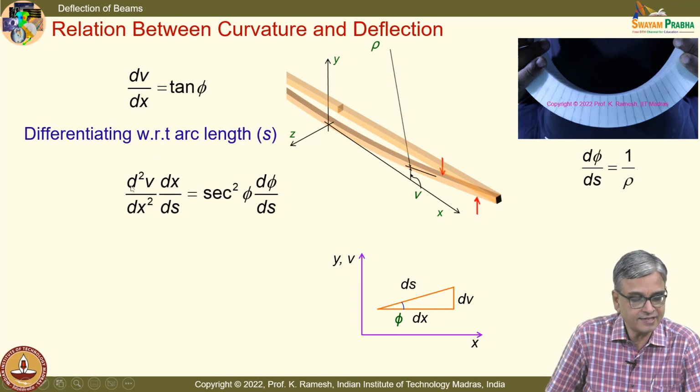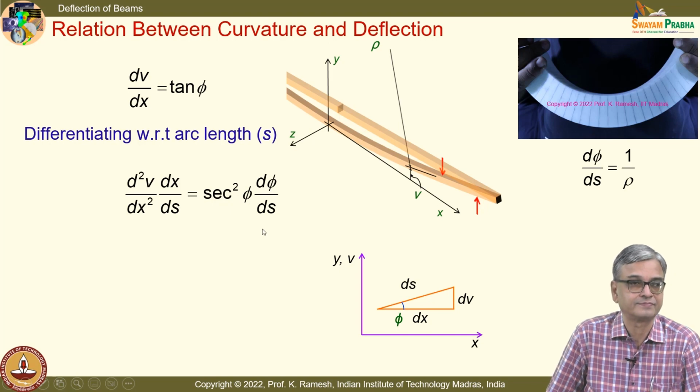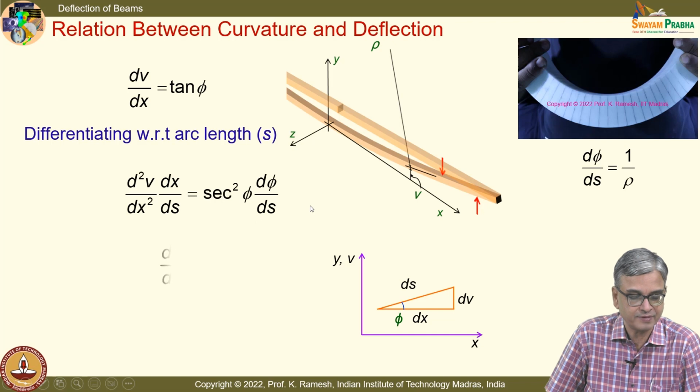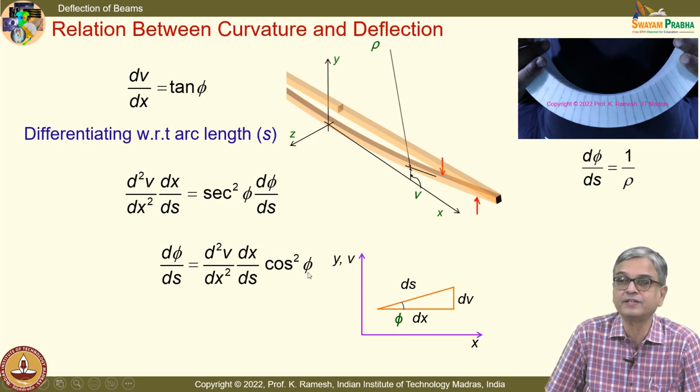So, I get d squared v by dx squared dx by ds equal to secant squared phi d phi by ds. Let me rearrange this expression. Our interest is to get d phi by ds. So, d phi by ds can be written as d squared v by dx squared dx by ds cos squared phi.